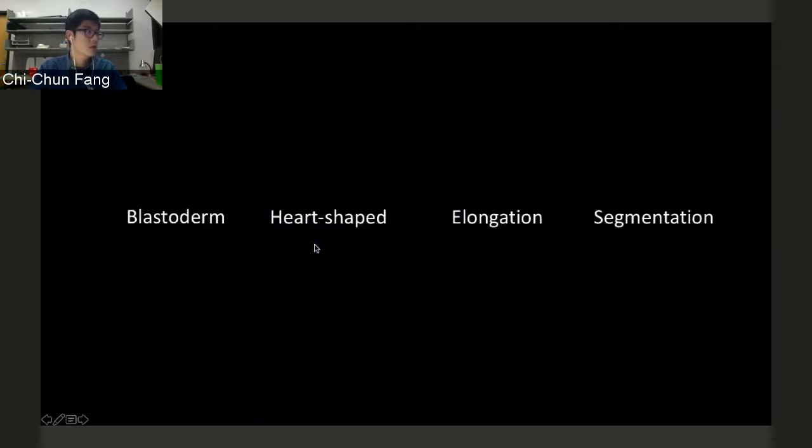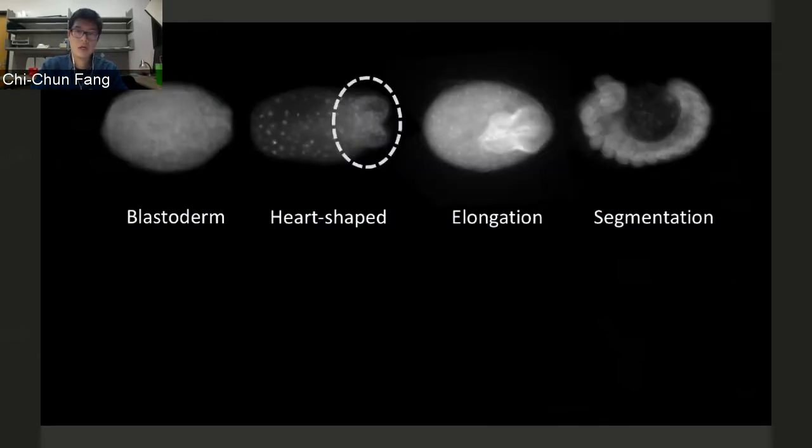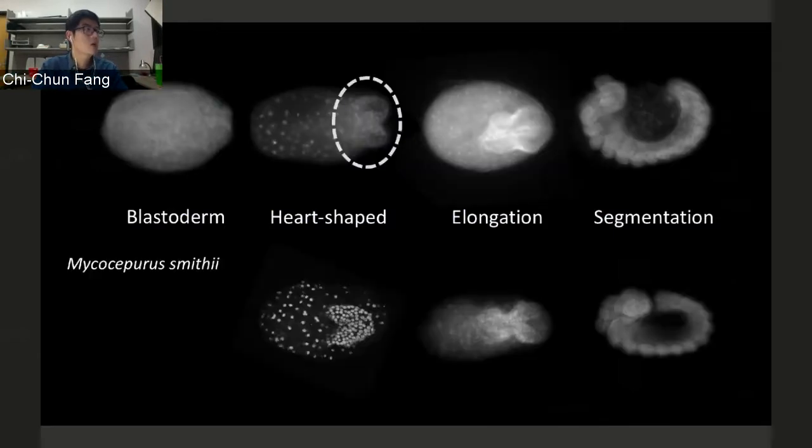Okay, so if we look at those 4 stages of these two attine ants, higher agriculture ants, Atta texana, and lower agriculture ants, Microcephalus smithi, shows really similar features.